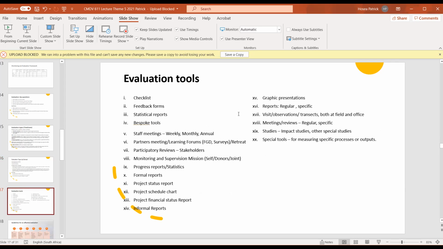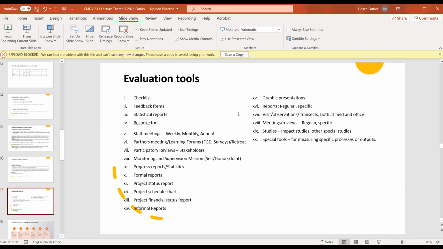And then when we come back to evaluation tools, these are familiar things which you know. So I don't think I want to waste too much time on this. I'll just read out a few here. These are the things that are required when we carry out evaluation: our checklists, our feedback forms, statistical reports, right? Graphic presentations, staff meetings, either your staff meeting is weekly, monthly, or annual, right?